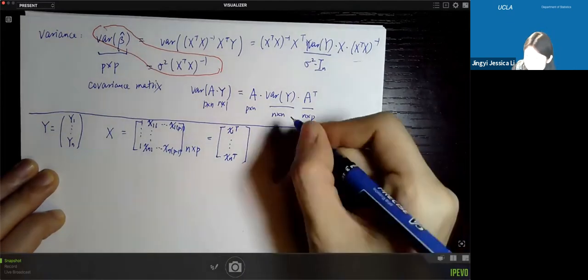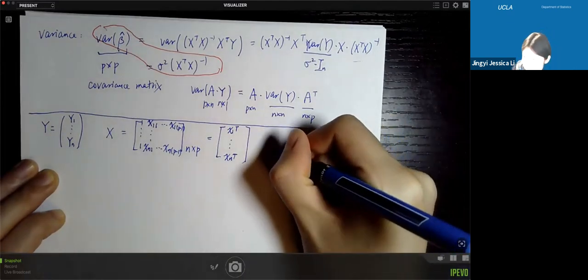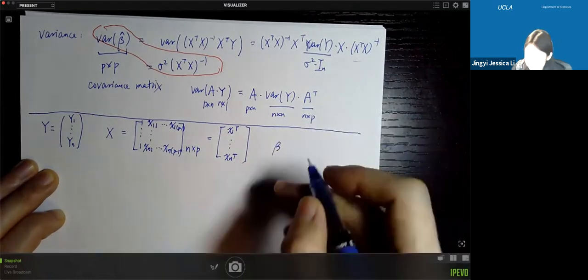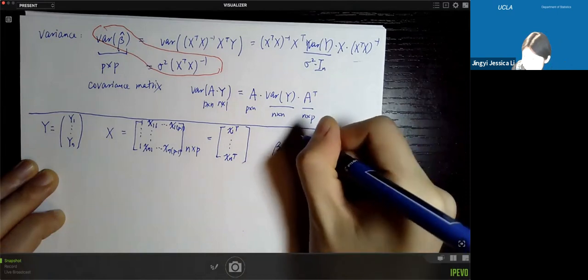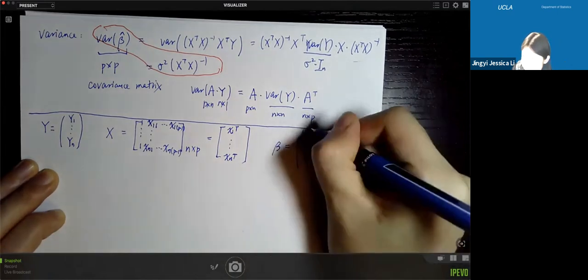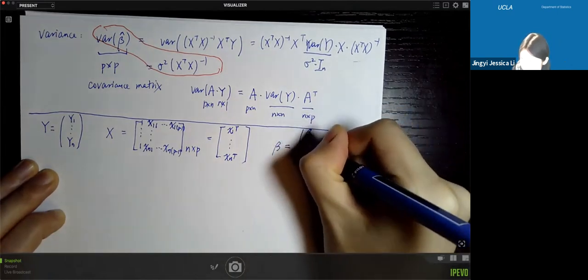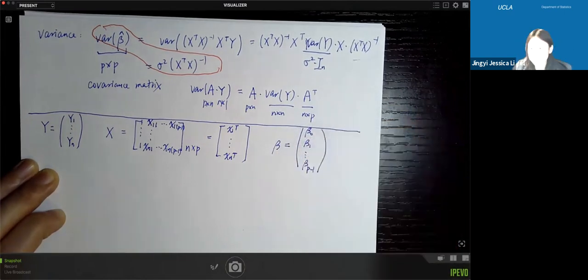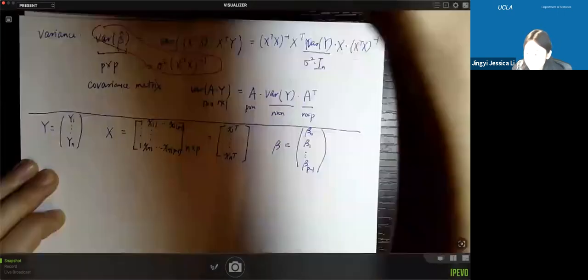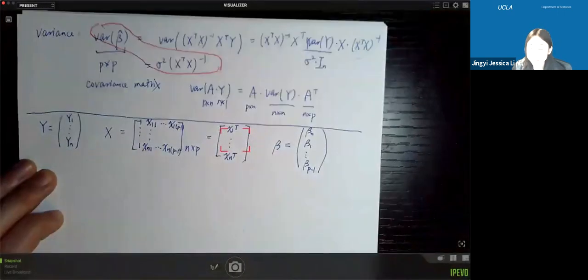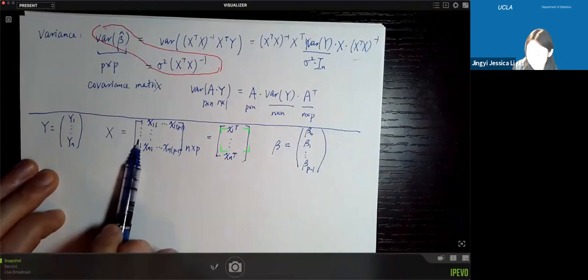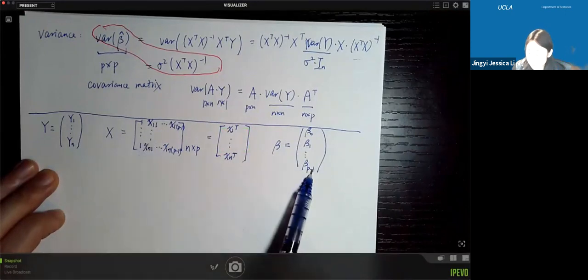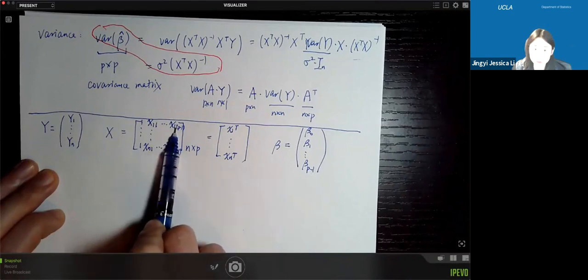Okay, and the next one is beta. Beta is our coefficient vector. To be consistent with our previous notations, we will write it as beta 0, beta 1 to beta p minus 1. So you can see it's a p-dimensional vector. Beta 0 corresponds to the intercept, beta 1 is the slope of feature 1, and beta p minus 1 is the slope of feature p minus 1.